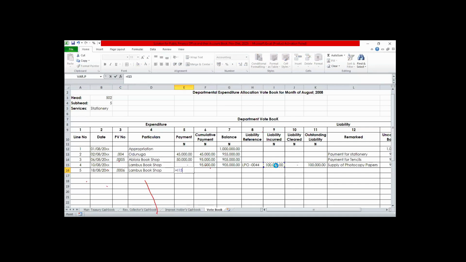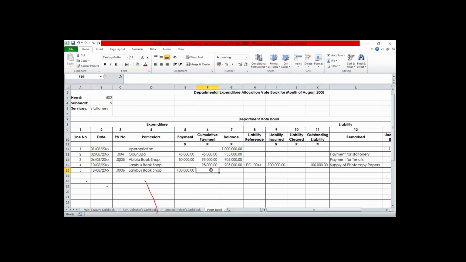Okay. The money we are owing Lambos is 100,000. That is what we bought from Lambos based on the reference there. Exactly. Then that 100 plus this gives us this minus this. That's 905 minus 100. We have 805. Then come to this place, liability reference.